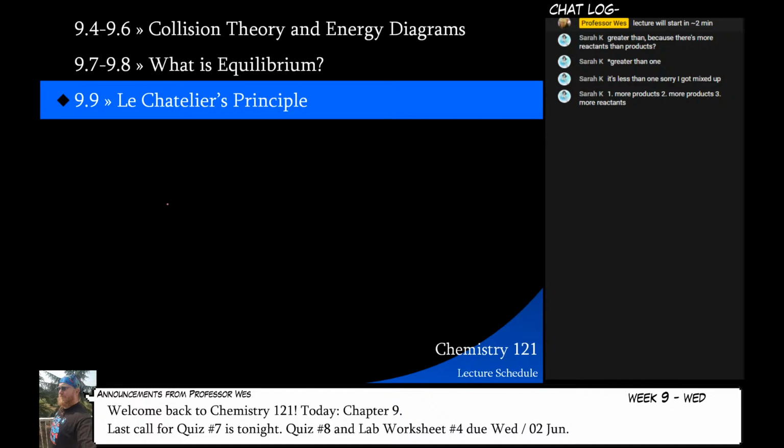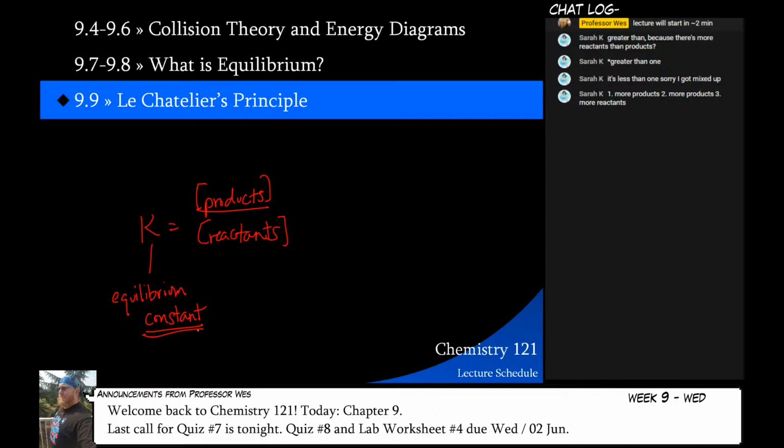Because if we're looking at this expression, K equals products over reactants, if I suddenly increase the number of products, then the value of K will change too. But this is called the equilibrium constant, which means that it's a constant and it doesn't change.